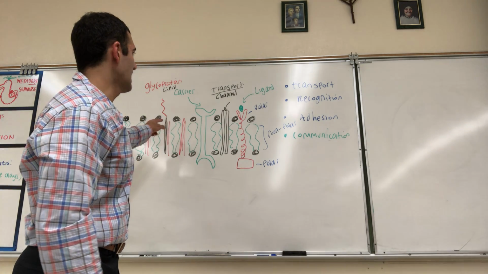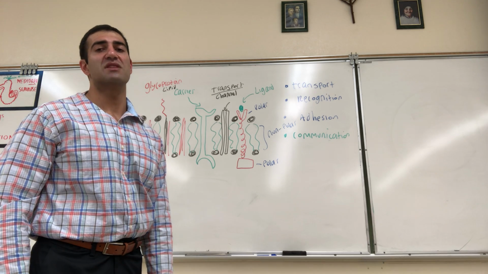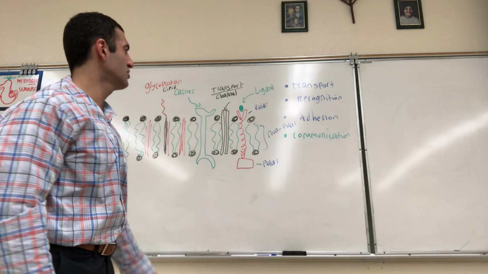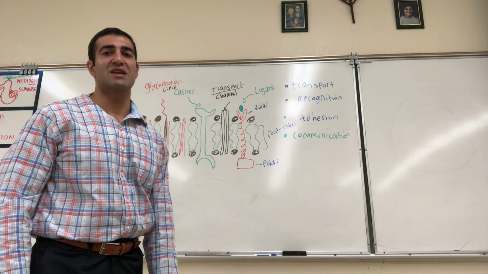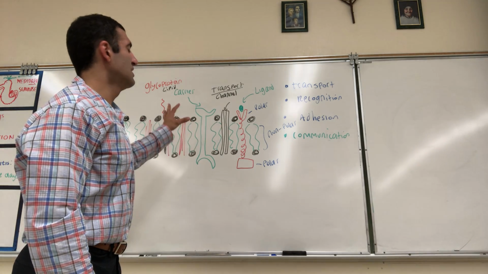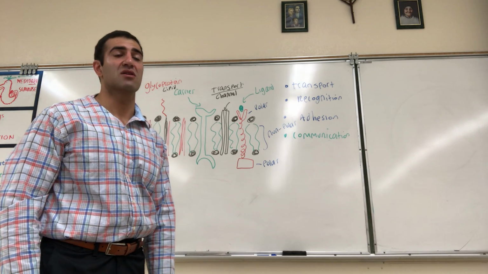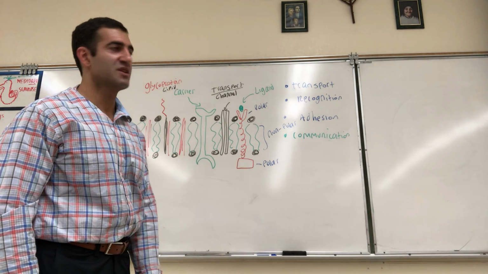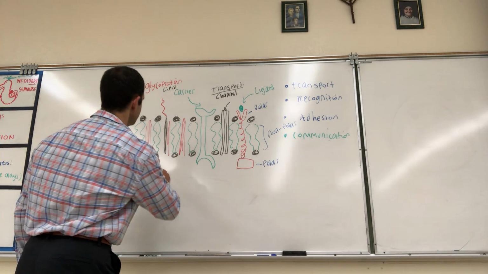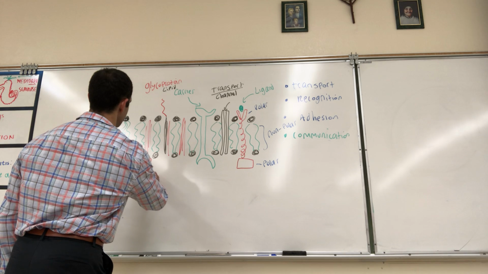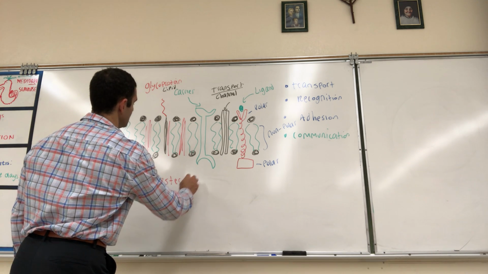If you didn't have cholesterol, the moment the body temperature changes, the moment it gets either too hot or too cold, the phospholipids will dissociate. Cholesterol keeps the phospholipid membrane not only in a stable shape, but it prevents it from falling apart during temperature change. So these are examples of cholesterol that I drew between the cell membrane. Very important parts of the cell membrane.